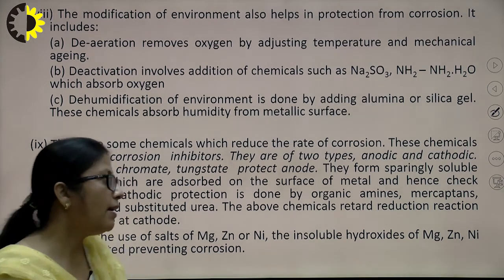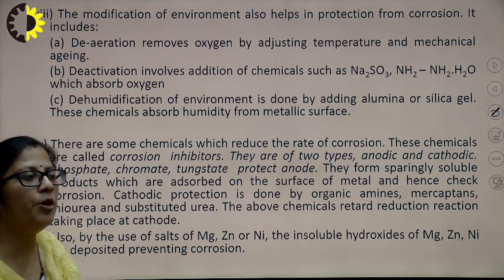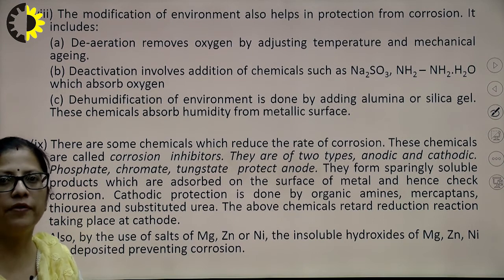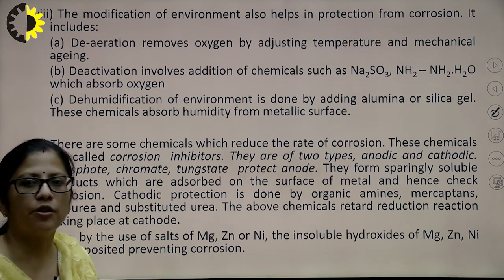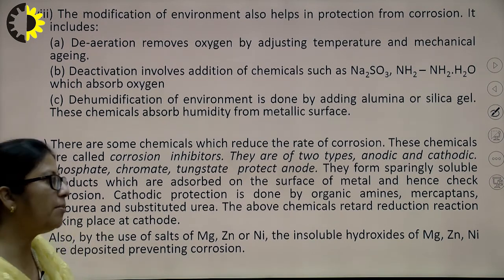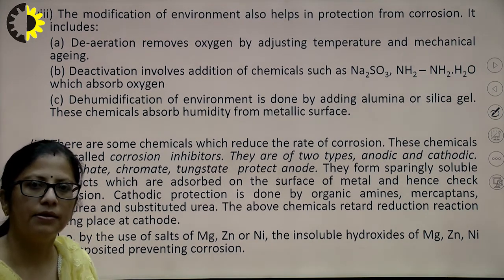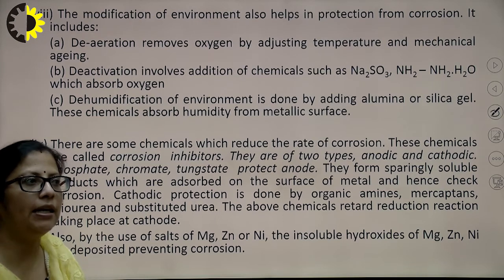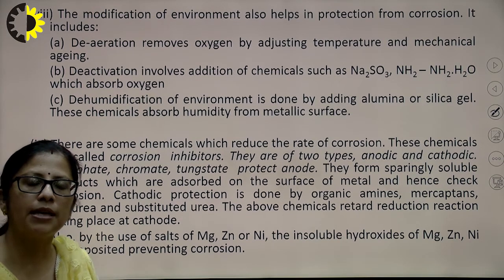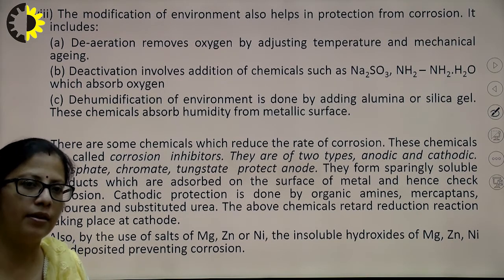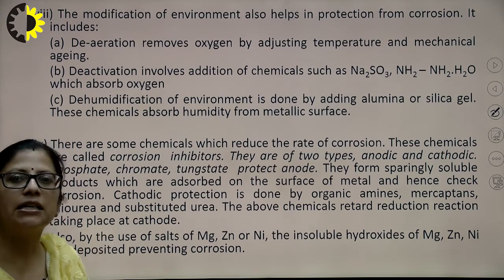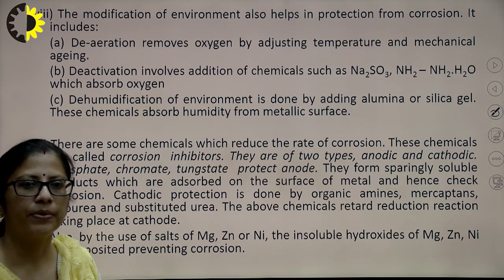Then there are certain chemicals which can be added to the corrosive environment to reduce the rate of corrosion, and such chemicals are called corrosion inhibitors. Broadly, corrosion inhibitors are classified into two categories, anodic and cathodic inhibitors.